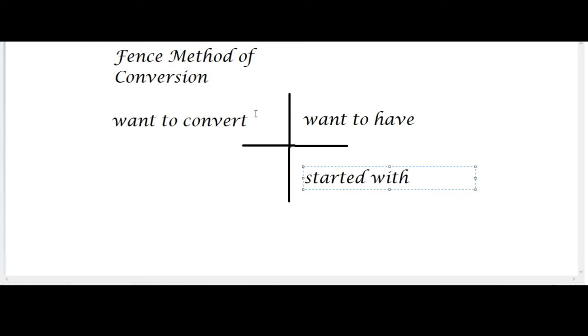Alright, now we're going to take a quick look at this all numerically. When we look at it numerically, you're going to have the number you started with right there.